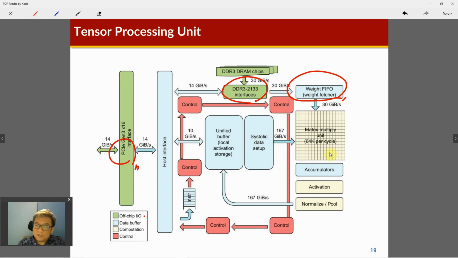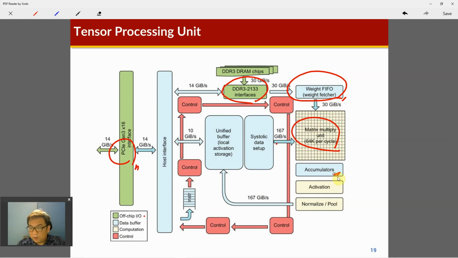As you can see, the matrix multiplication unit is here, and the weight values come from the weight FIFO, and some data comes from the unified buffer here.